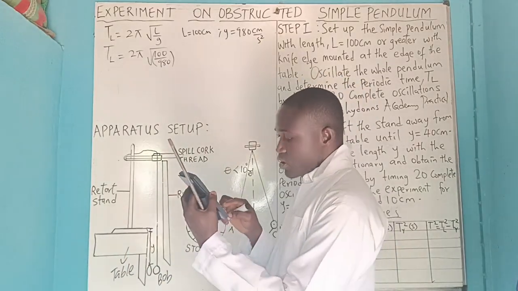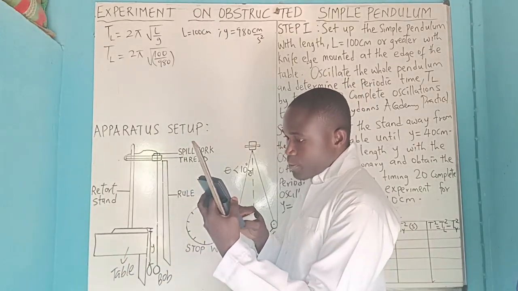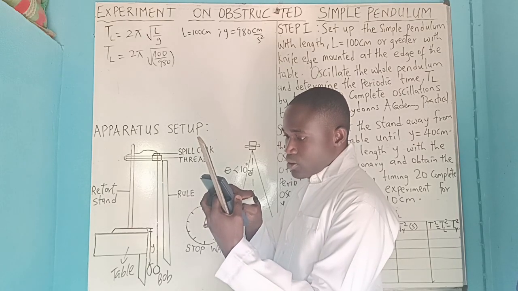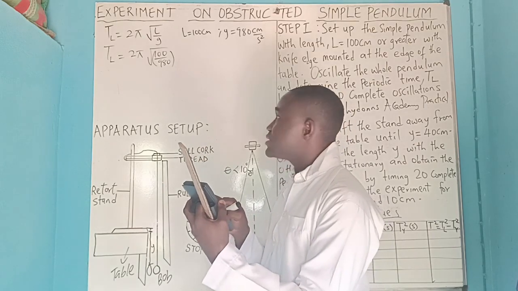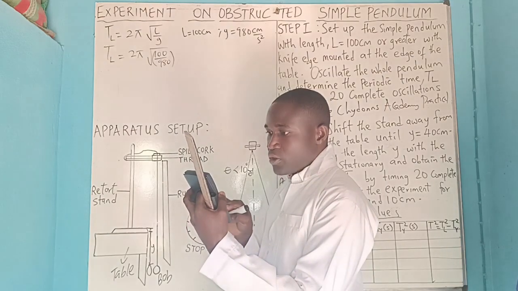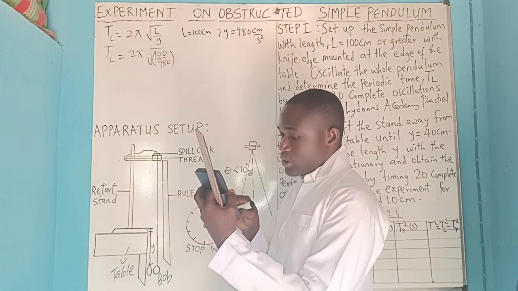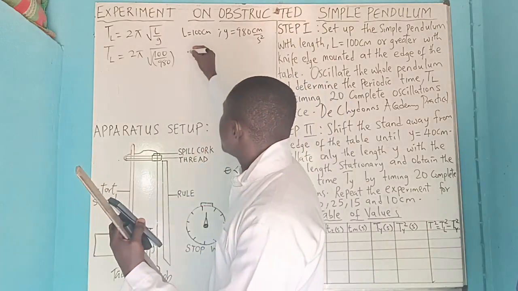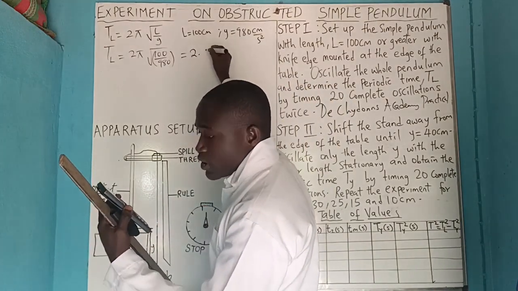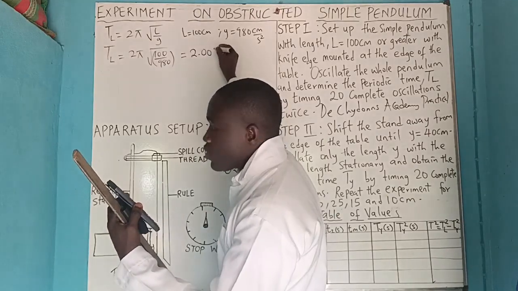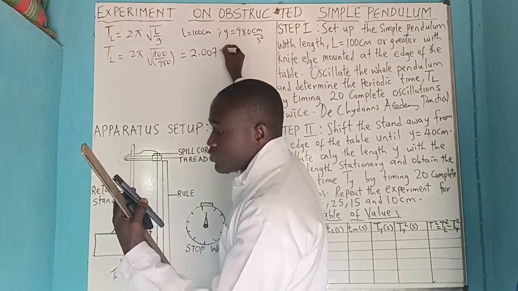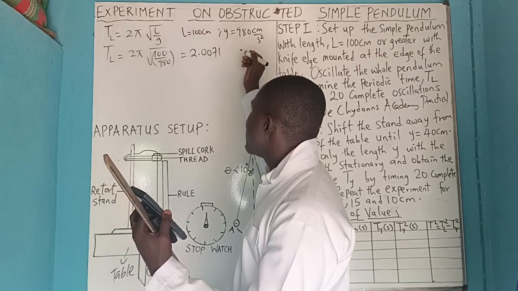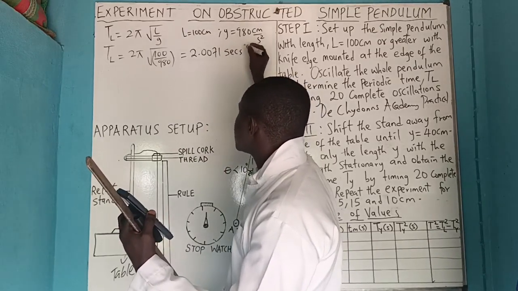Let's use a calculator. 2 shift pi, root bracket, 100 divided by 980. That will be giving us 2.0071 approximately. That is in seconds.